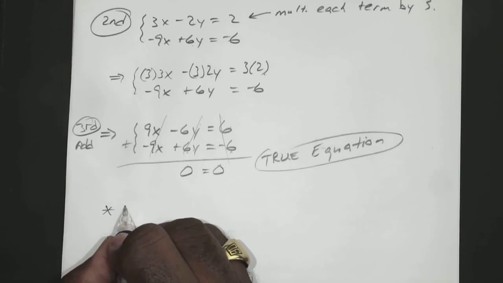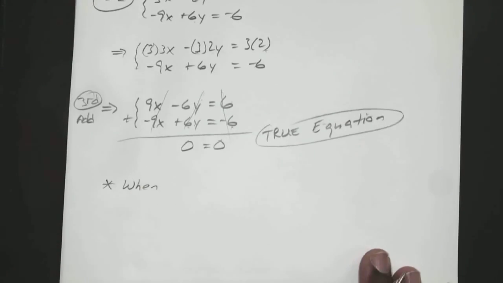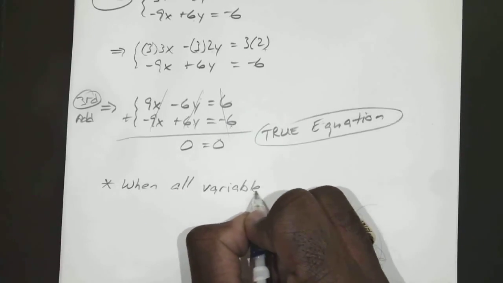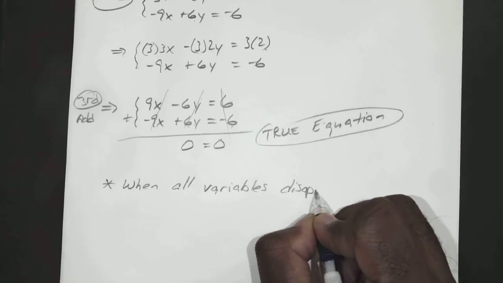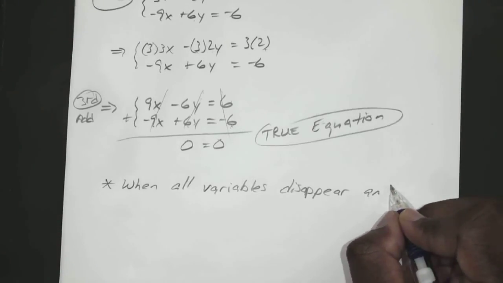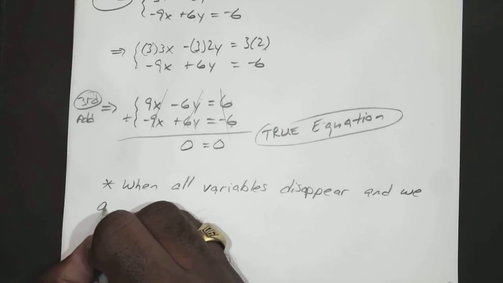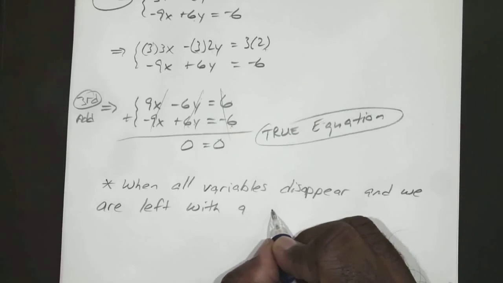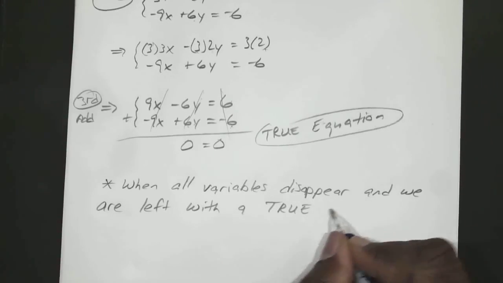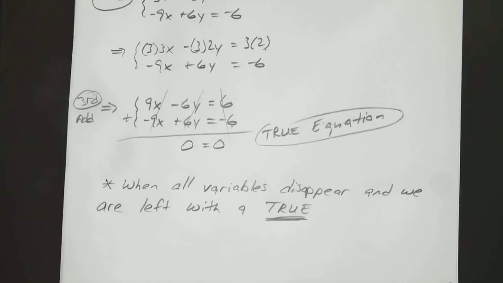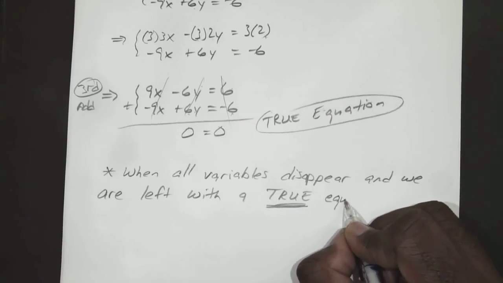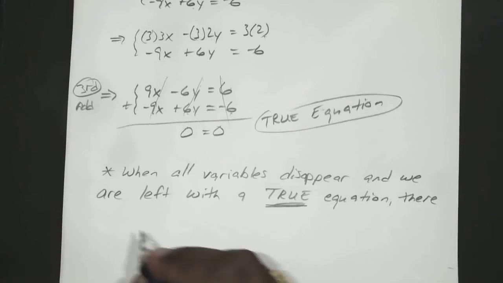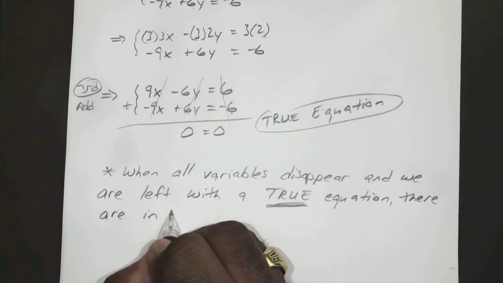Okay, so when all variables disappear and we are left with a true equation, that's the key word for this one, there are infinite solutions.